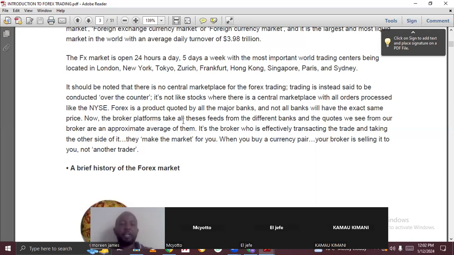Now the broker platforms take all these feeds from the different banks, and the quotes we see from our broker are an approximate average of them. It's the broker who is effectively transacting the trade and taking the other side. So when you buy, there is always another guy on the other side taking a sell. There has to always be a balance. When you sell, someone else is taking a buy.